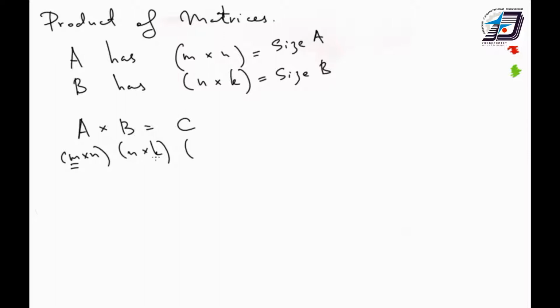So if you put here the sizes of these matrices, the matrix C is, you have to take these two outer numbers, an m by k matrix.